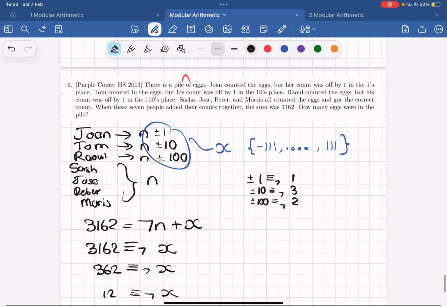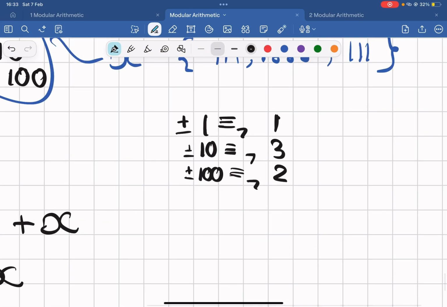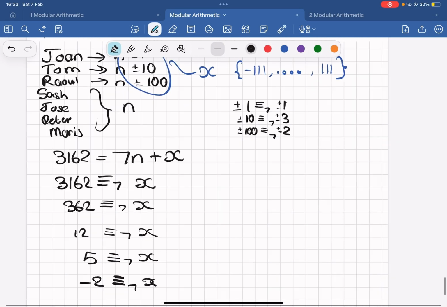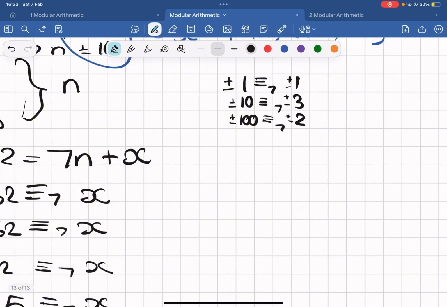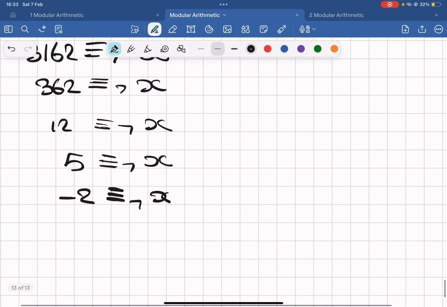So now we know, and we use 1 from each line, plus or minus 1, plus or minus 3, plus or minus 2 to form either 5 or minus 2.